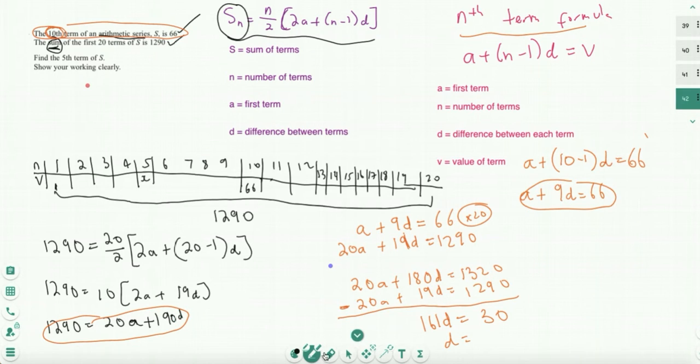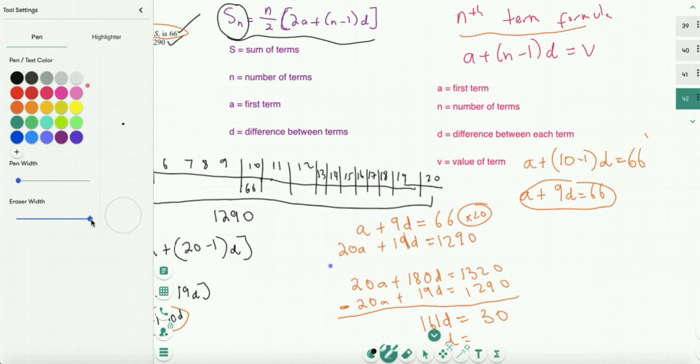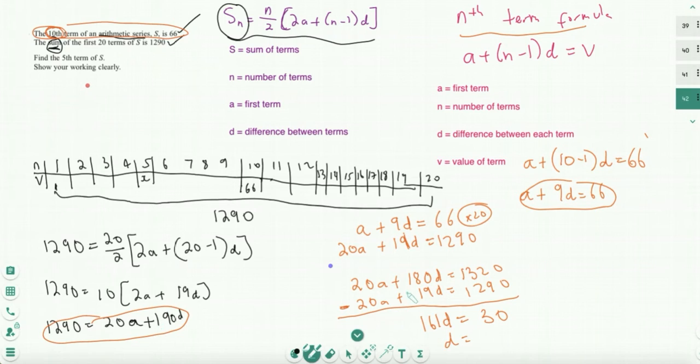So 180d minus 190d is negative 10d. And 1320 minus 1290 is 30.